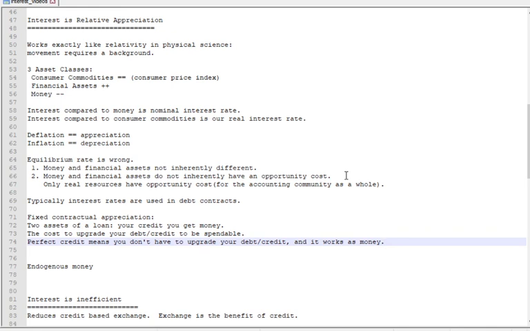Okay, so if you take out a loan, they give you $100 of money, and you give them $100 of debt, but the interest rate applies to your debt. So your debt is going to increase in value, which means you owe more, and you will actually have to pay back more money to switch back.